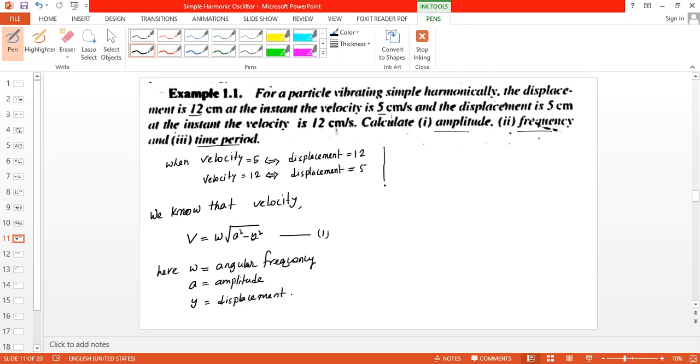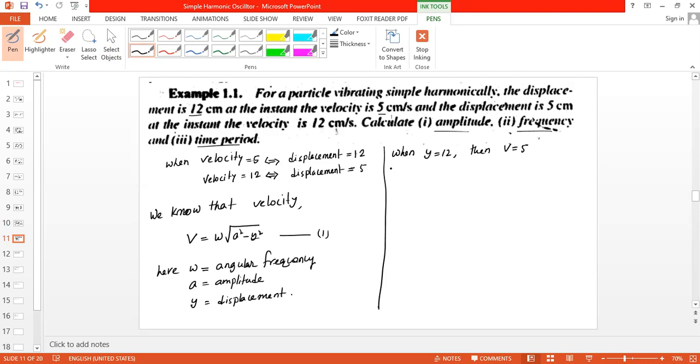So from here we can say, look, when y equal to 12, when displacement is 12, then velocity is 5. So when y equal to 12, then v equal to 5, right?